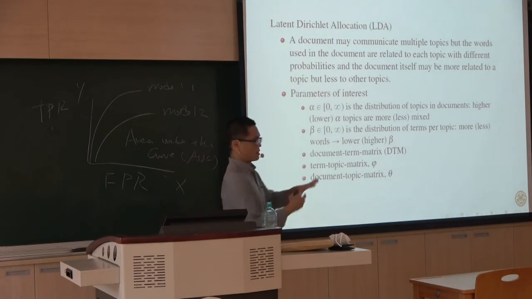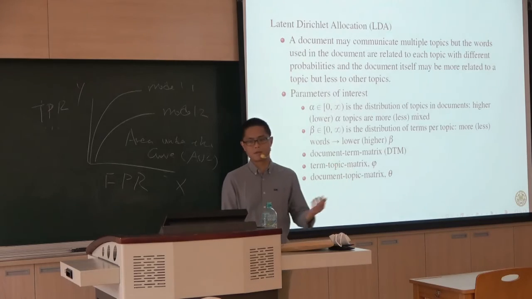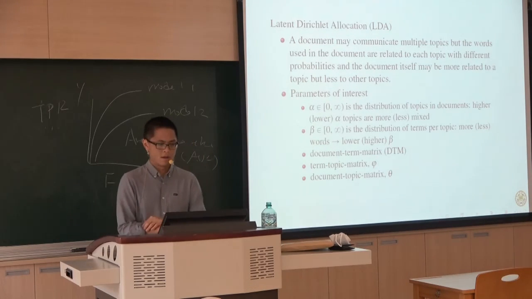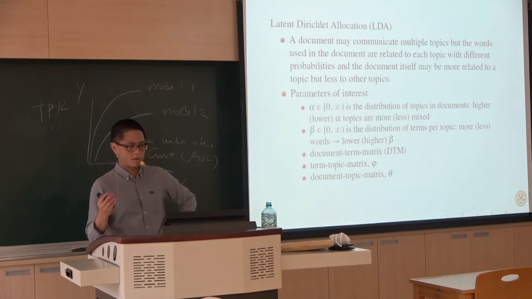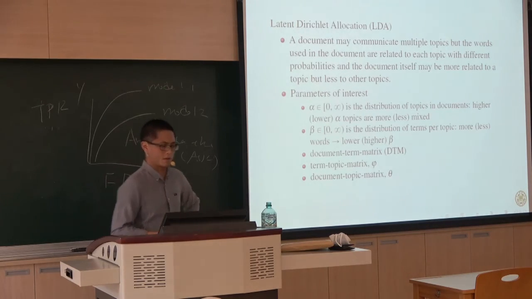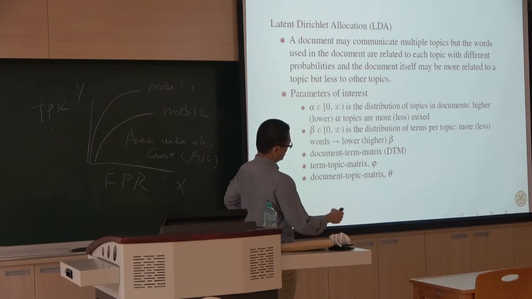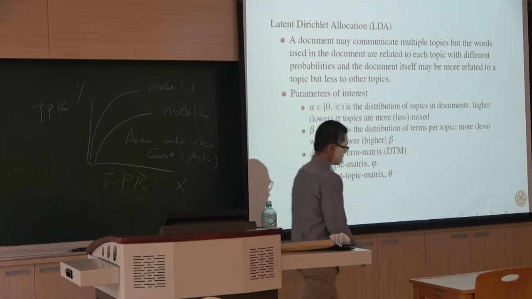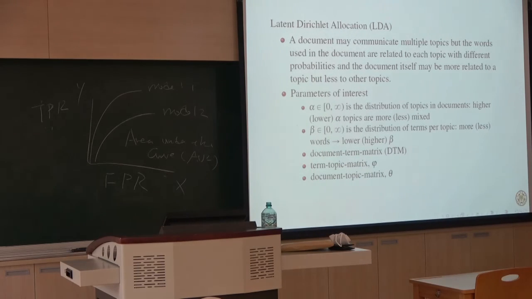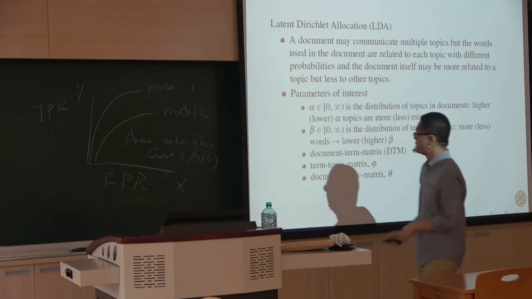And then the model will generate this membership assignment first. So the document may relate more to one topic or less to another topic. So we need to use the following parameters. Alpha is the distribution of topics in a document. Higher alpha means that the document is more mixed, because words may have higher probability of relating to multiple topics.